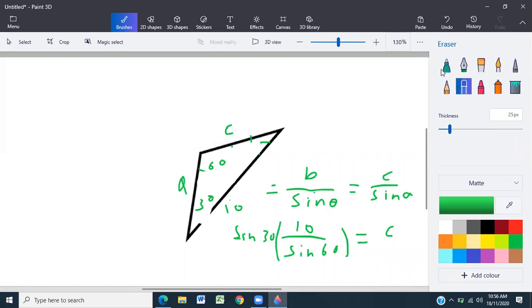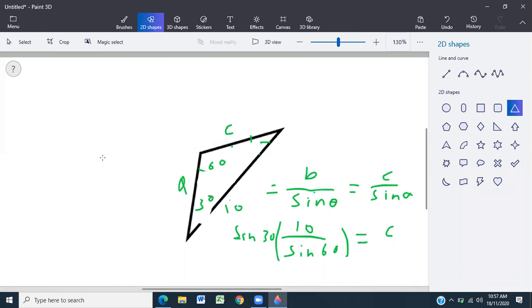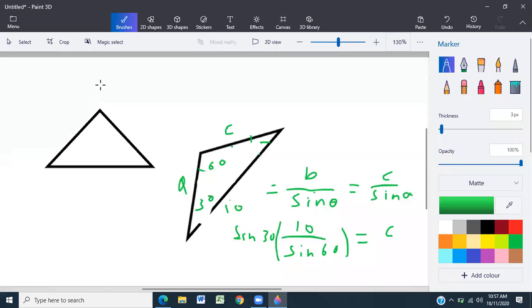Now, you might see this in different ways. Another general way that you might see this popping up is having these things labeled as capital A, B, C, and these sides small a, small b, small c.